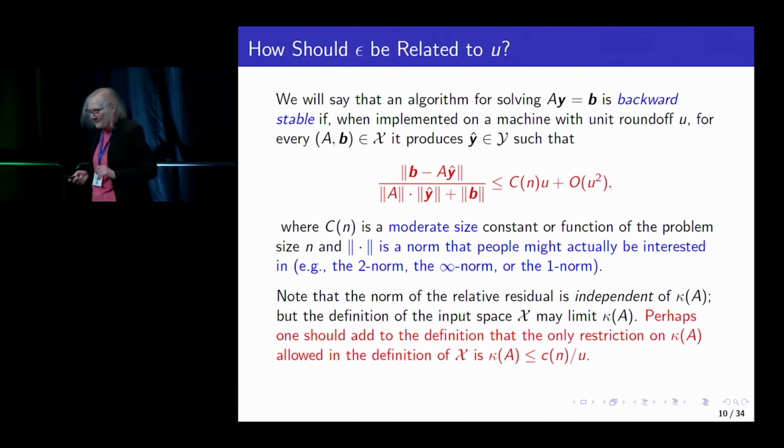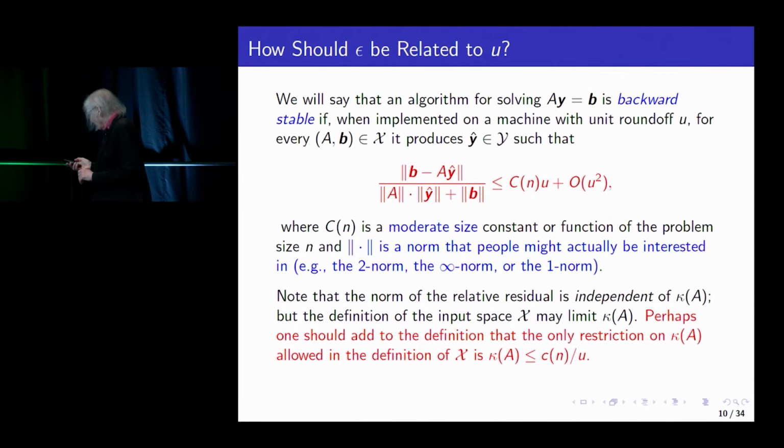Now, a hallmark of this definition is that the residual is small even when the matrix A is ill-conditioned. The error will depend on the condition number of A, but the residual should be small, even independent of the condition number of A. But that's also a little bit hokey, because one could always define the input space as consisting only of matrices with, say, condition number 10, and then it's not so exciting that the residual is small, independent of the condition number.